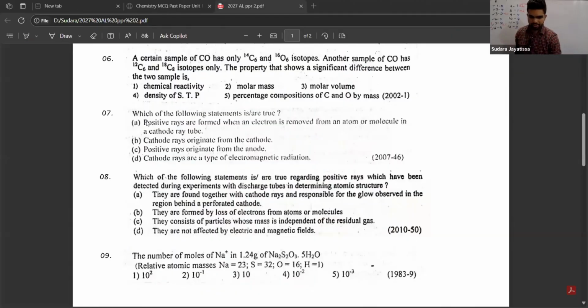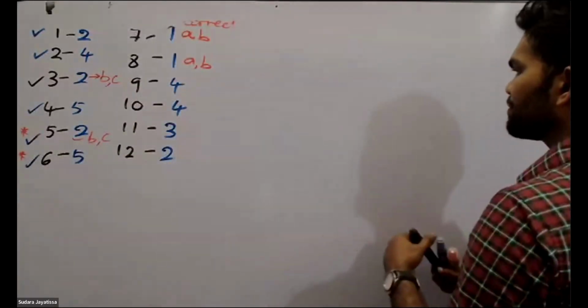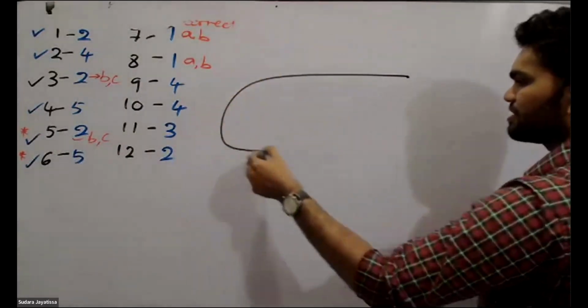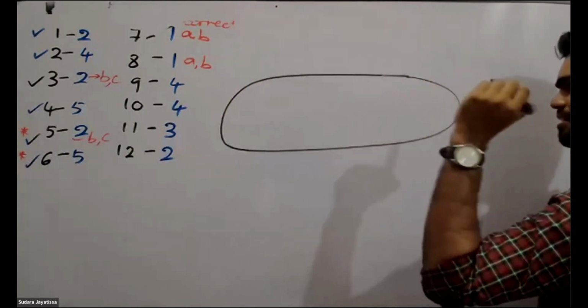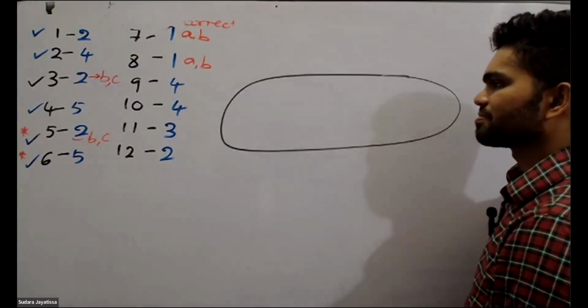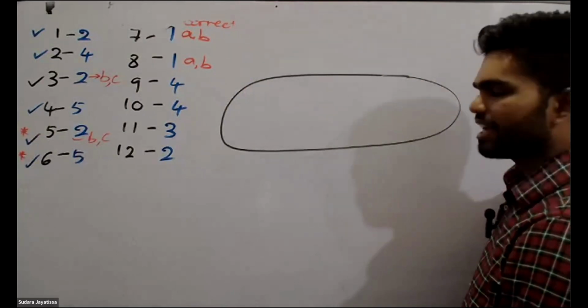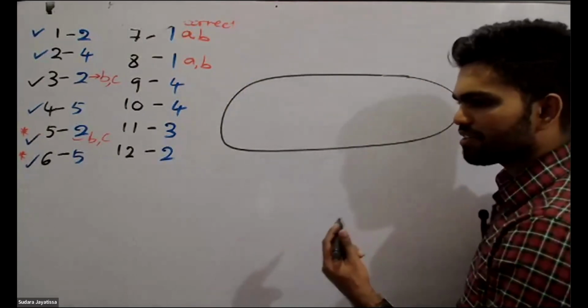Look at the first statement of the seventh question. Positive rays are formed when an electron is removed from an atom or molecule in a cathode ray tube. That's how positive rays are actually created, isn't it? So what's the difference here? Can anyone tell me what the significant word is in the positive ray experiment, when you compare it with the cathode ray experiments?